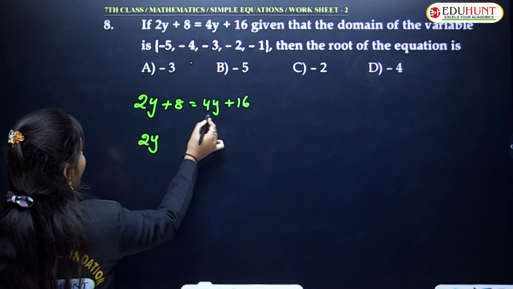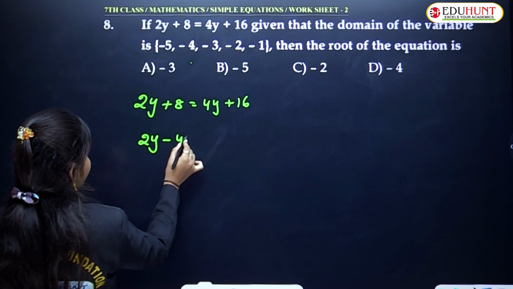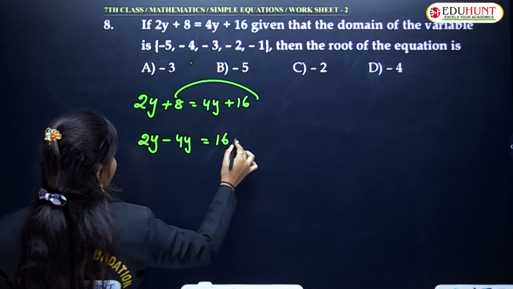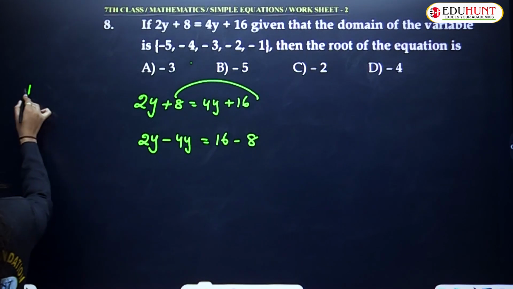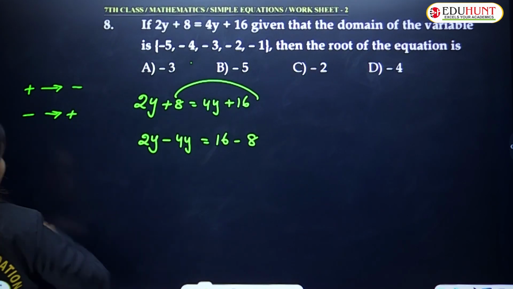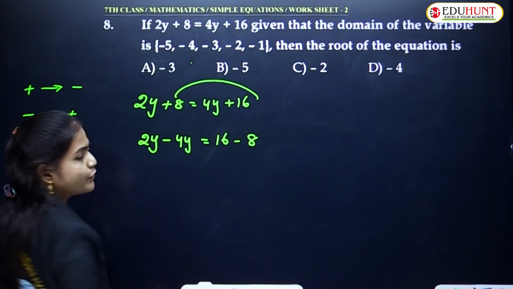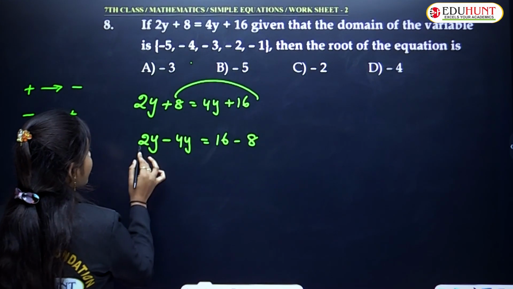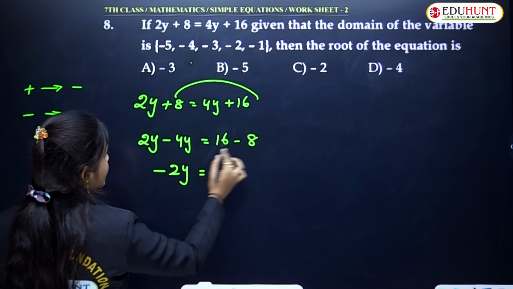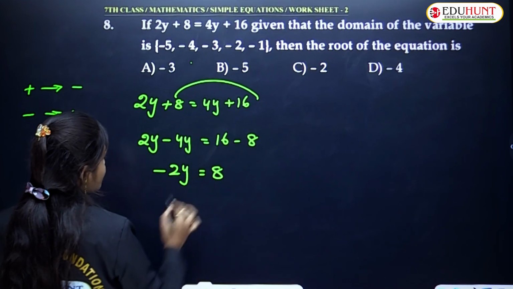Okay. Find that: 2y and here plus 4y becomes minus 4y, which equals 16 plus 8 becomes minus 8. Plus quantity becomes minus and minus quantity becomes plus. 2y minus 4y, which is 2 minus 4, minus 2y is equal to 16 minus 8, which is 8.